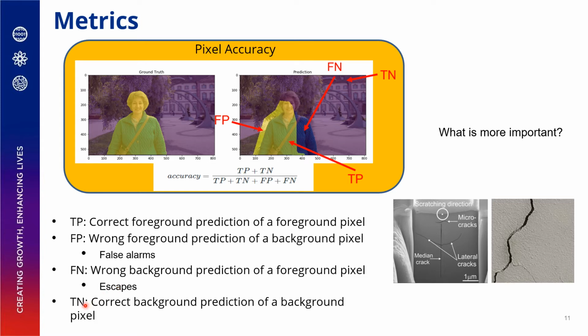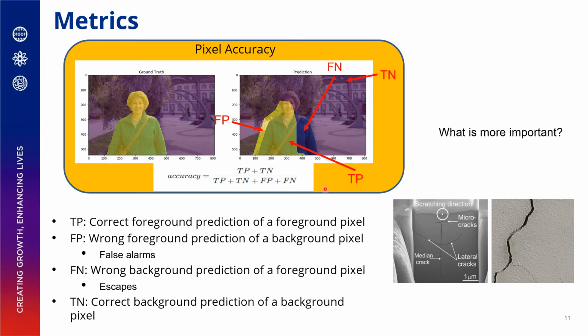True negatives, as the name suggests, is correct background that is predicted correctly as background, a background pixel. So if you had the perfect results, your false positive and false negative would be 0, and your accuracy would be 100%, because then this and this will be 0. So essentially you're just left with this term over here, which is 1.